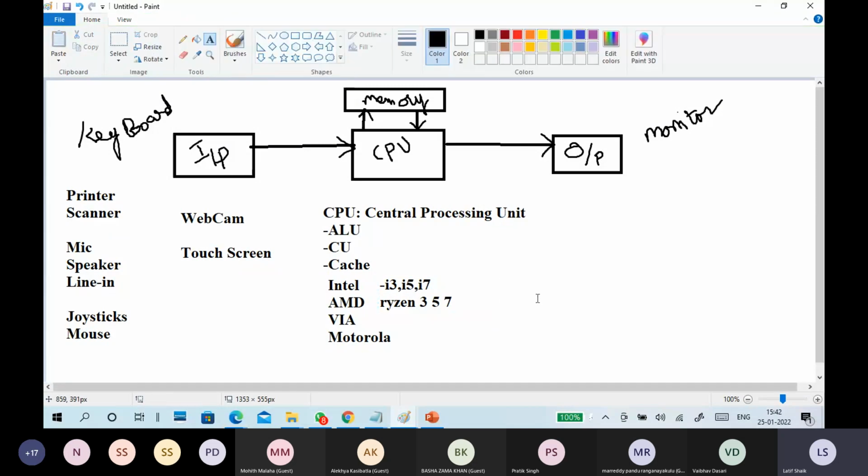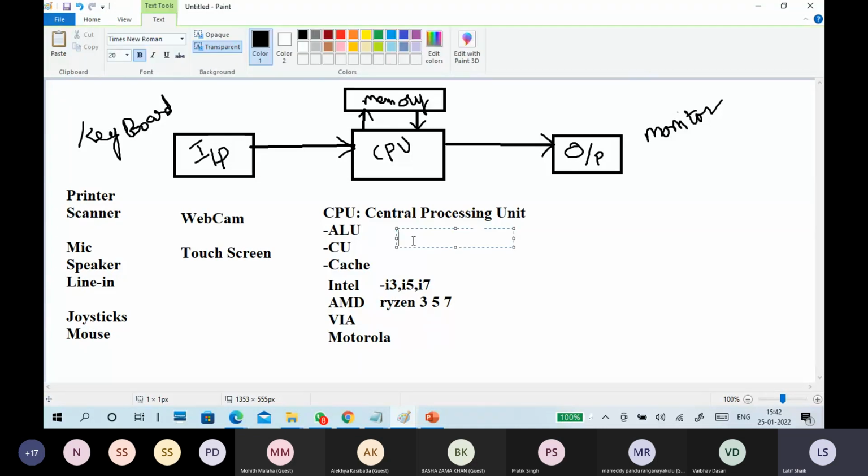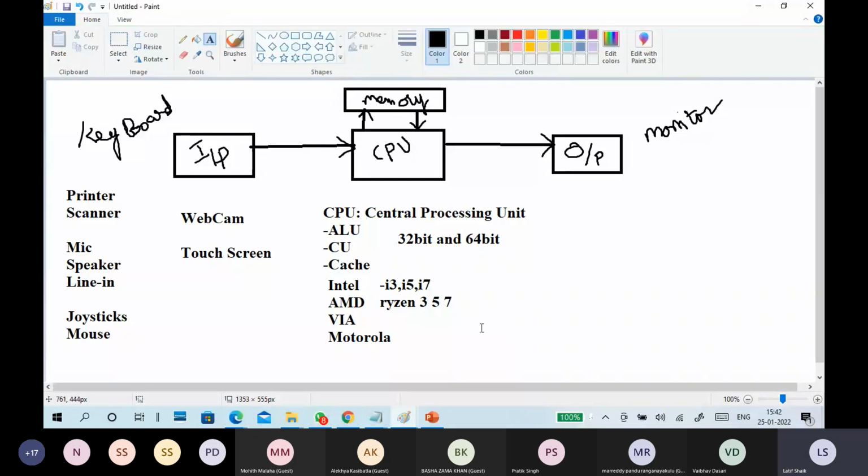There are also the Athlon and Sempron processors. AMD processors come in 32-bit and 64-bit versions.